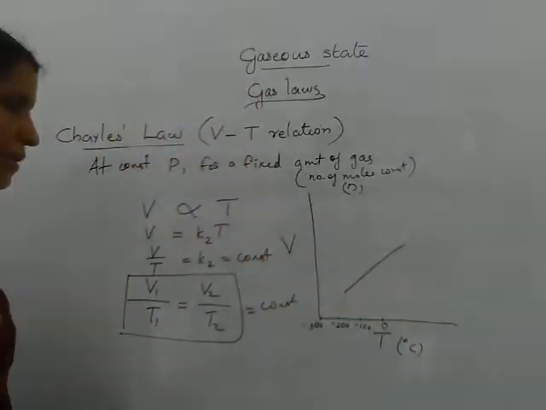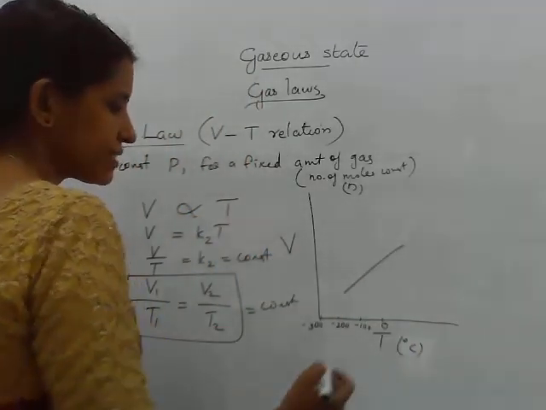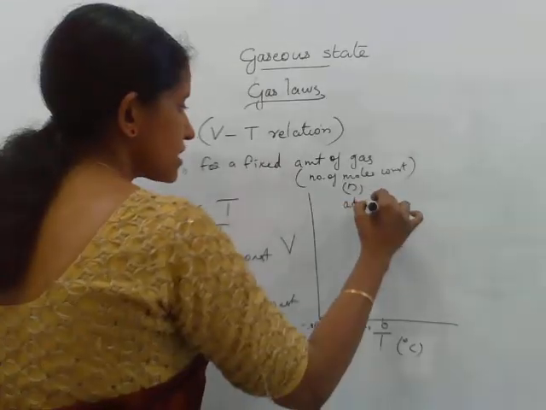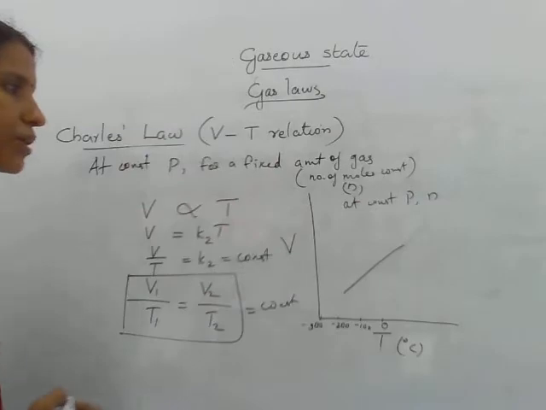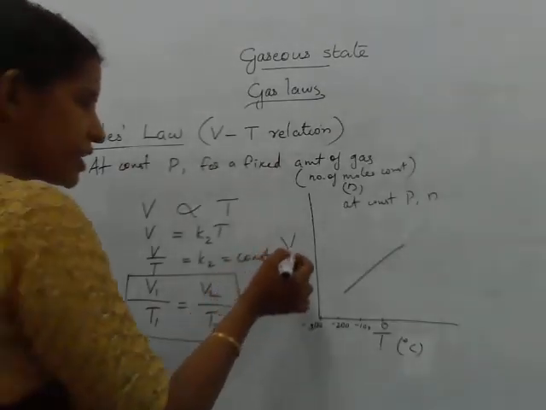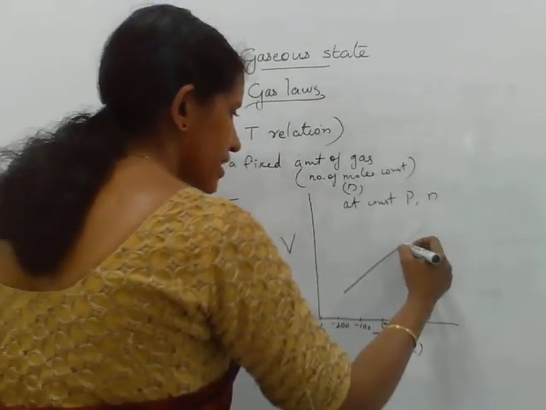A straight line graph will be obtained when you plot volume against temperature at a constant pressure. At constant pressure and a constant number of moles, volume varies directly with the temperature.